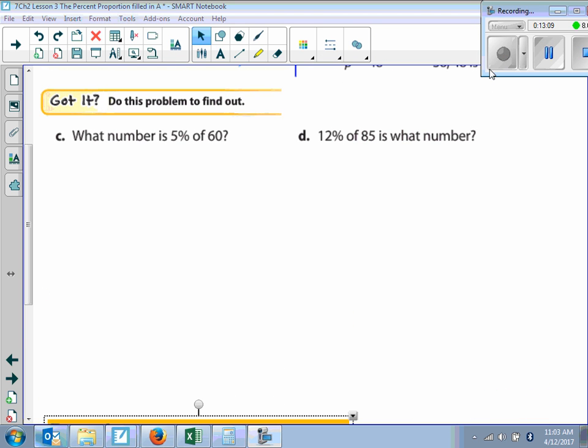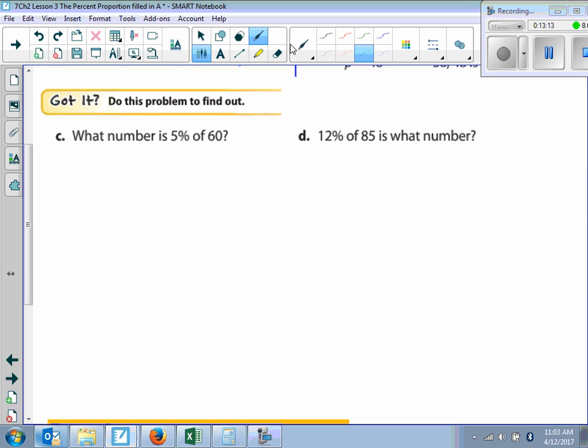All right, once again, we're solving, let's see, for the "is" number or the part, right? So what number is 5% of 60? So the 5 is our percent, and the "of" number is the whole.